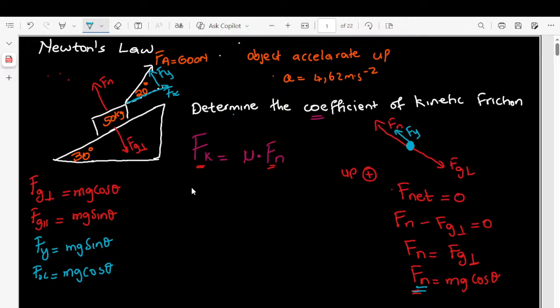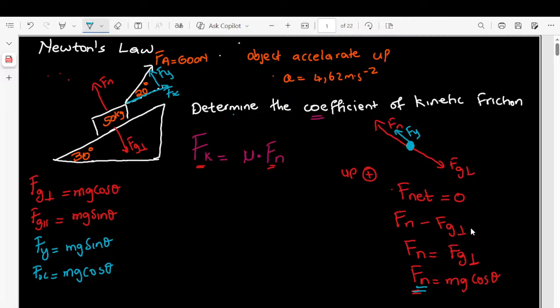So we need to start this thing from scratch. I'm very sorry about that. I just forgot that the force is applied at an angle. If the force is applied at an angle, we're going to have 3 vertical forces, so we need to subtract.